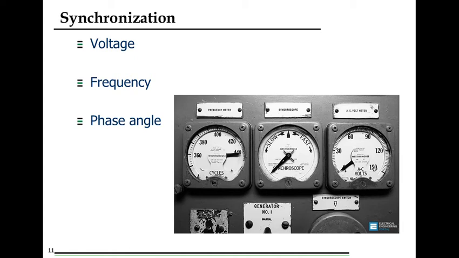Now coming to phase angle, means whether the RYB phases are superimposing on the grid RYB phases or not. This is done by synchroscope. Now we have our generator which is running at a frequency of 50.1 Hertz and the grid is at a frequency of 50 Hertz.